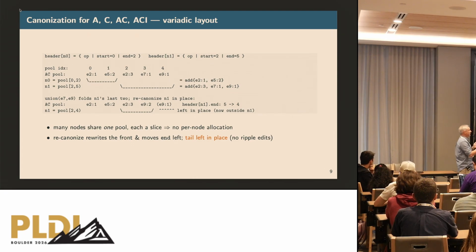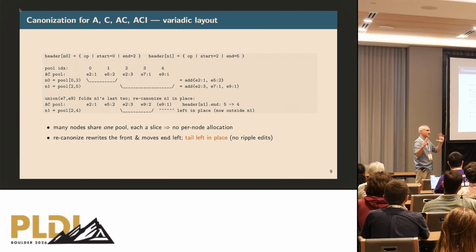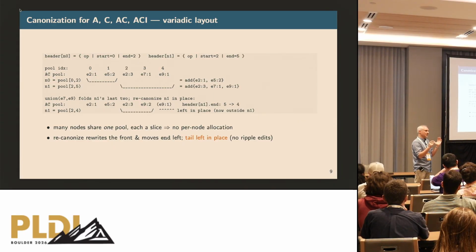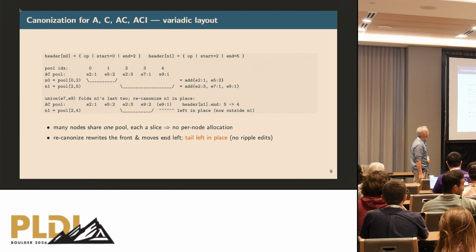And so this means that we have a super cache-friendly layout, and we have a homogeneous representation for all these AC nodes, even though they have variadic children lists. But this also means that when you recanonize nodes in place, and you discover new equalities between children nodes, those slices can shrink. You could be tempted to shuffle things and keep everything compact. We just shrink the slice in place, and we just lose a little bit of storage. But we can basically maintain that representation. And that's homogeneous, and that's where we can do AC matching later. Like we can AC match on that stuff.